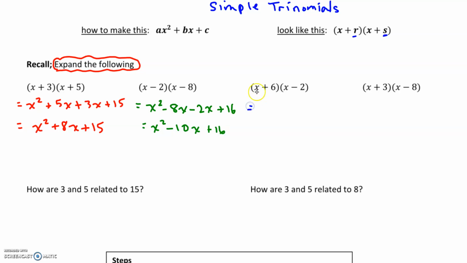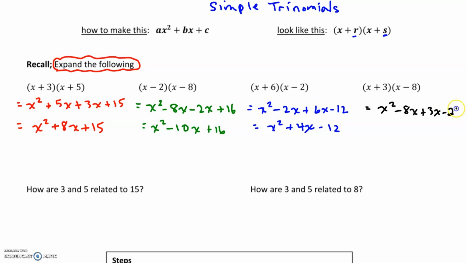Our next one, x times x is x squared, minus 2x plus 6x minus 12, so x squared plus 4x minus 12. And lastly, we have x squared minus 8x plus 3x minus 24, and that would be x squared minus 5x minus 24.